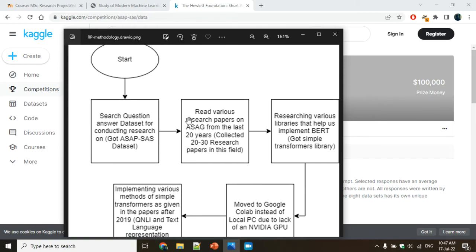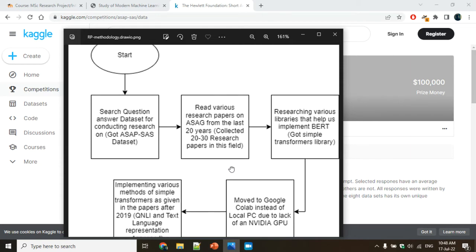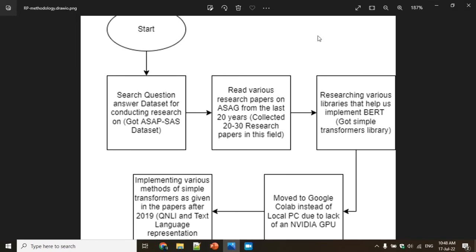We searched as many papers as possible on the internet related to automatic short answer grading, specifically from 2010, not earlier than that, because the papers earlier than that were very basic. Then we researched various libraries which can give the BERT implementation. Simple Transformers is a simple library built on Hugging Face, so we used that.